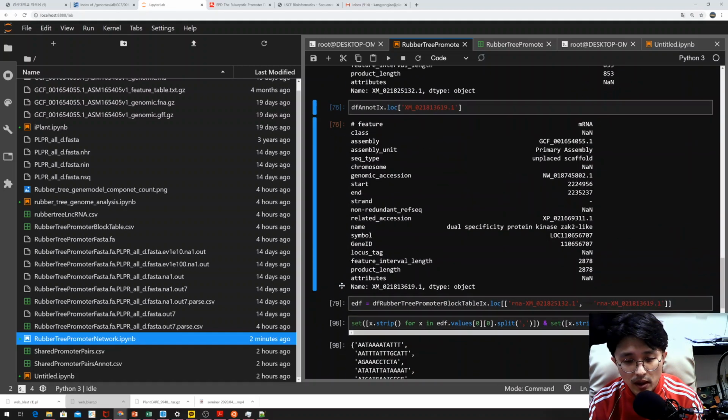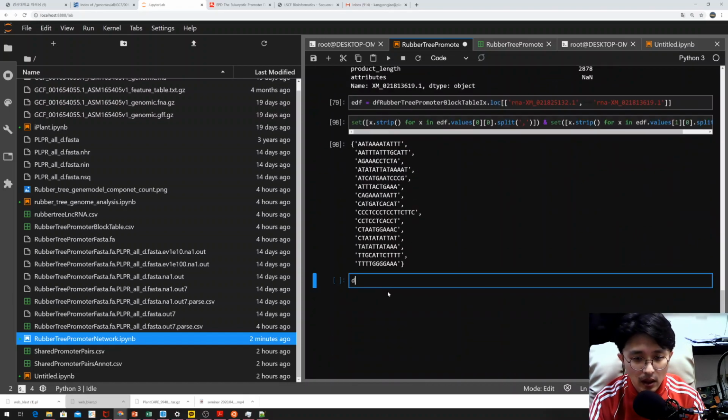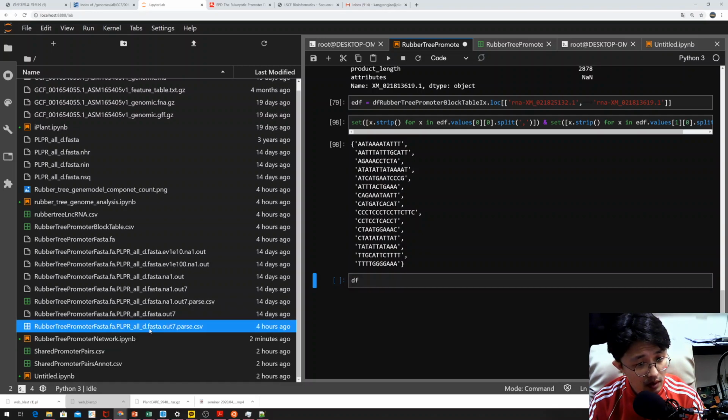Leave it this way, and I will again call this result to retrieve the exact promoter position upstream of the gene.